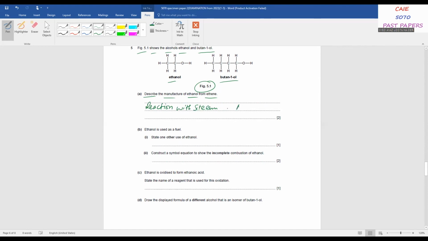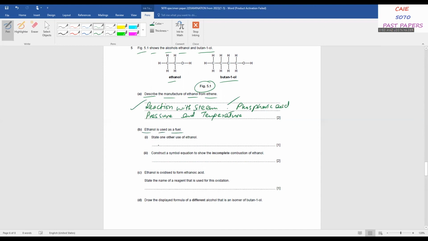That is phosphoric acid. Other conditions, you have pressure and temperature if you want. But this is enough. These two are enough.